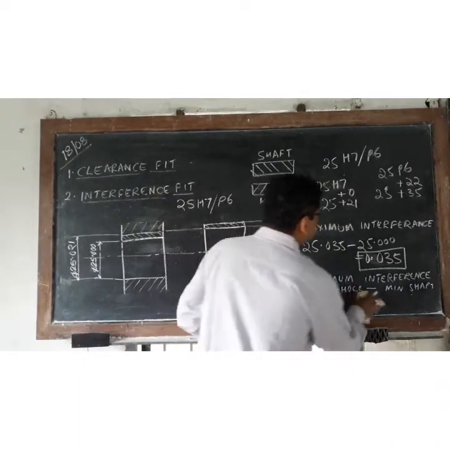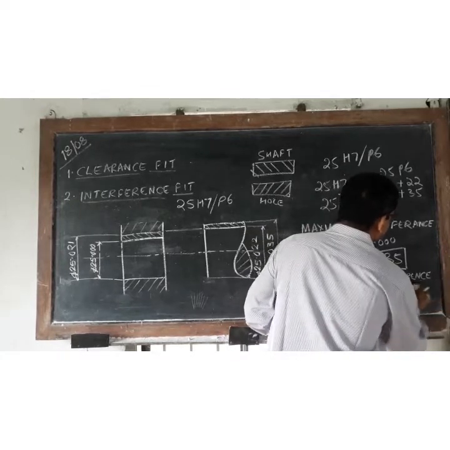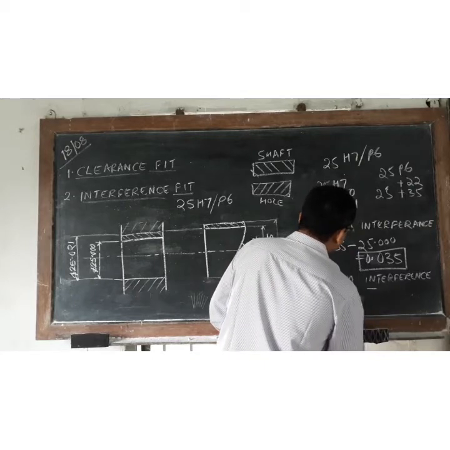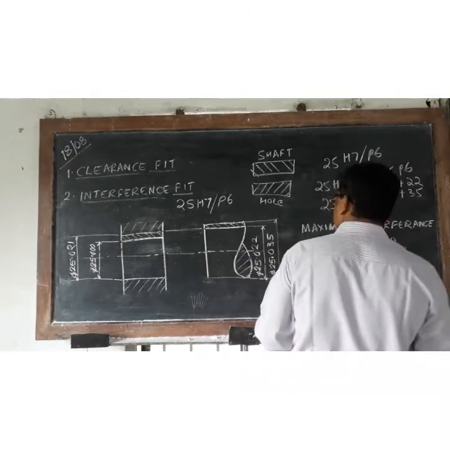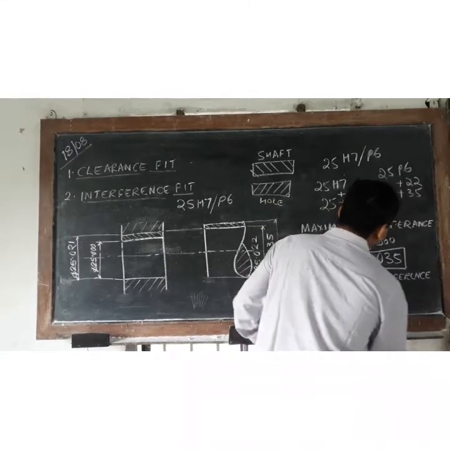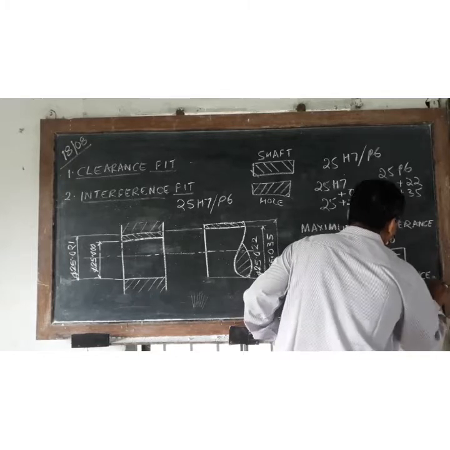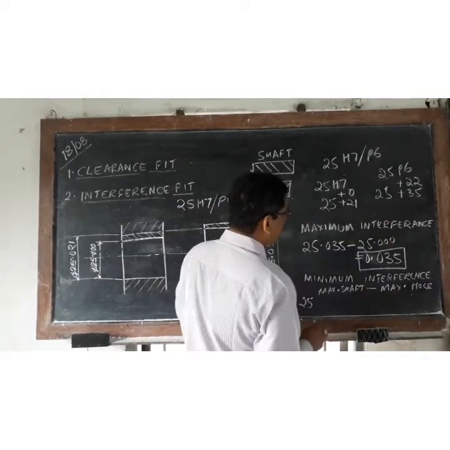So maximum shaft, maximum hole. So both same. Okay, maximum of shaft, then maximum of hole. So maximum of the shaft we can maintain 0.35.